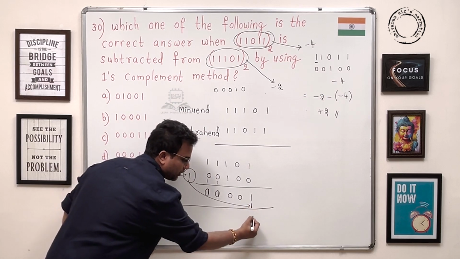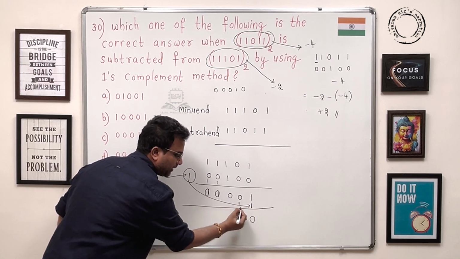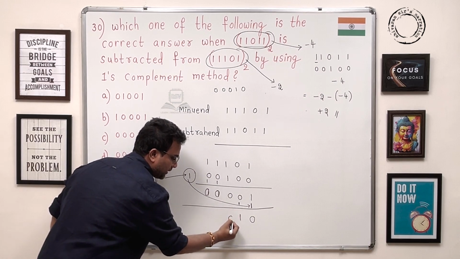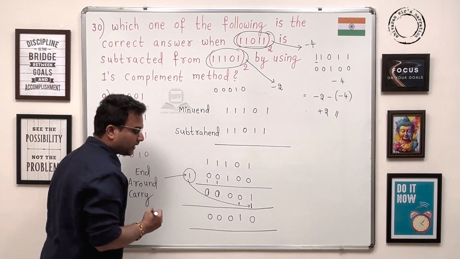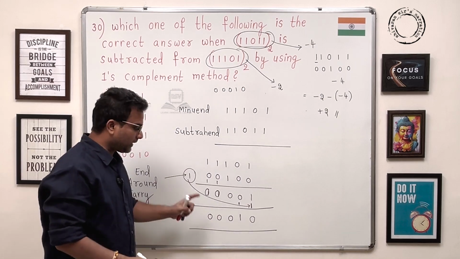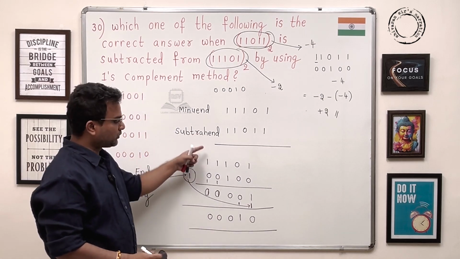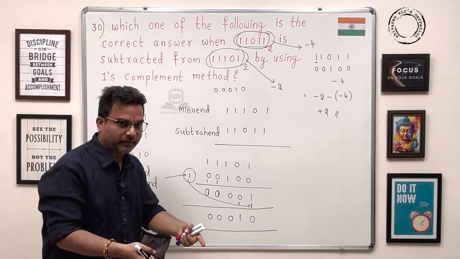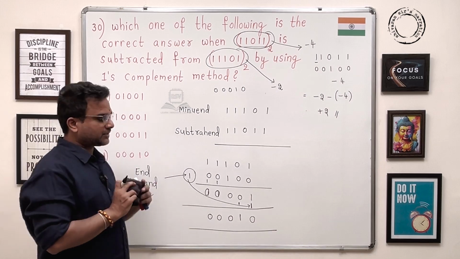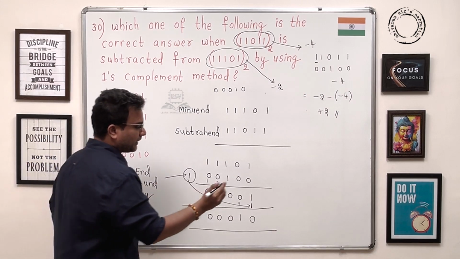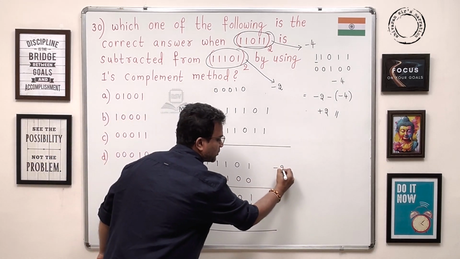Then it is 0, carry 1. So it's 1, 0, 0, 0. So finally guys, what we got as the sequence when you do subtraction using 1's complement is 00010. Hence here you can say this is -2.